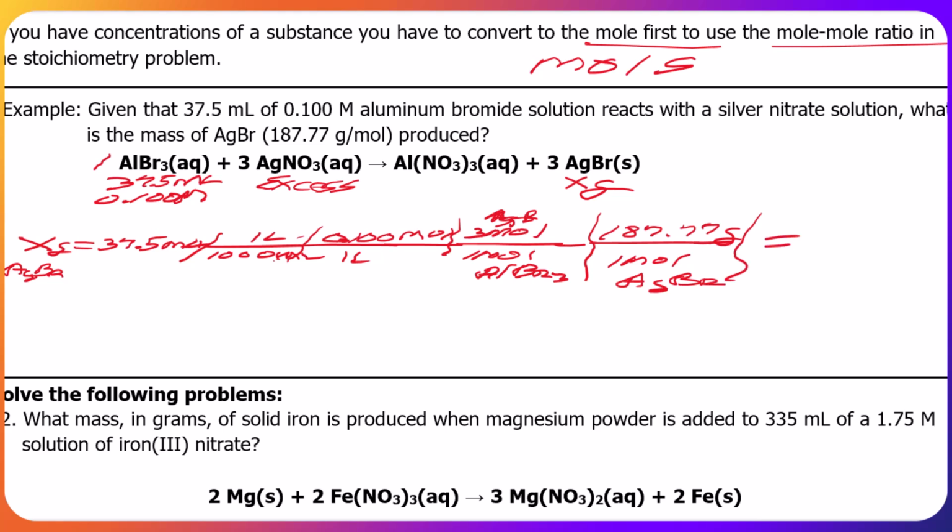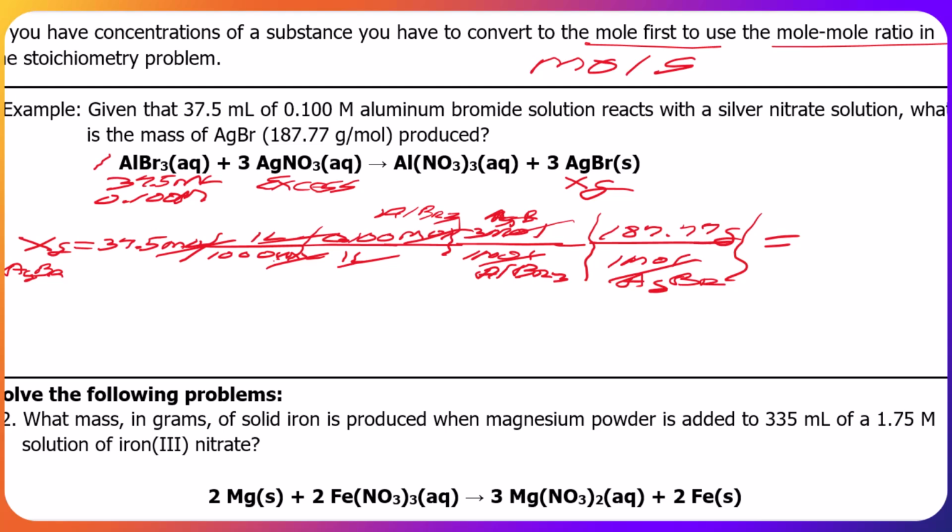And there you are. So milliliters cancel, liters cancel, moles of aluminum bromide cancel, moles of silver bromide cancel. We have grams of silver bromide. We're good to go. So let's go ahead and plug that in the calculator.